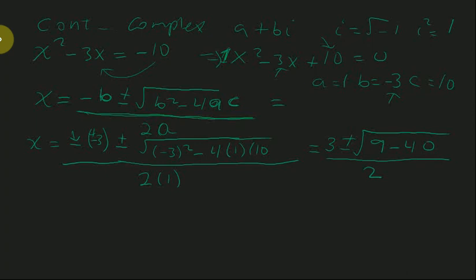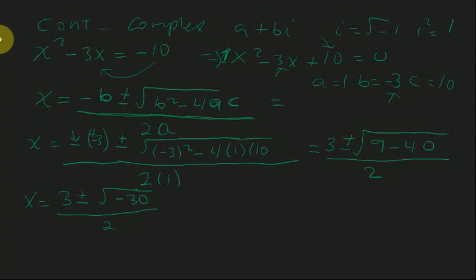So now what do we have? x equals 3 plus or minus the square root of negative 30, all over 2.